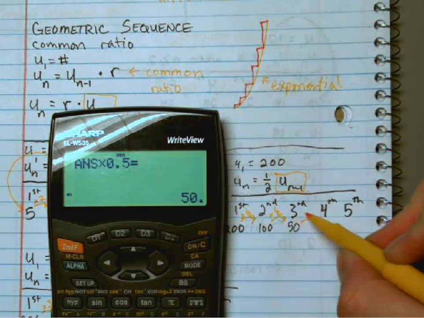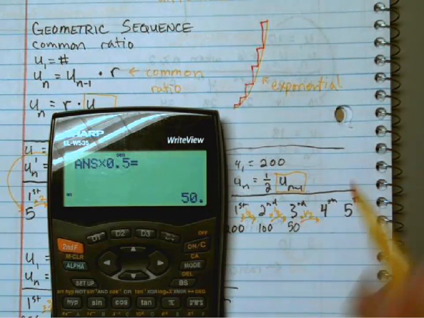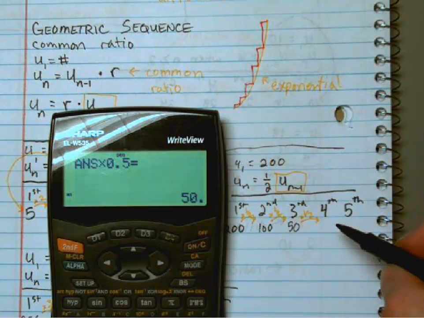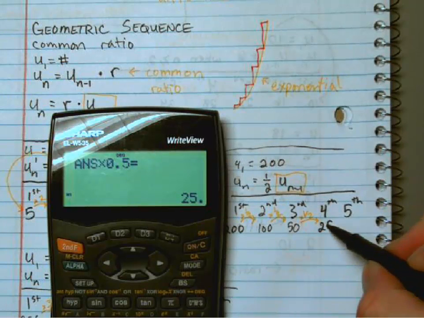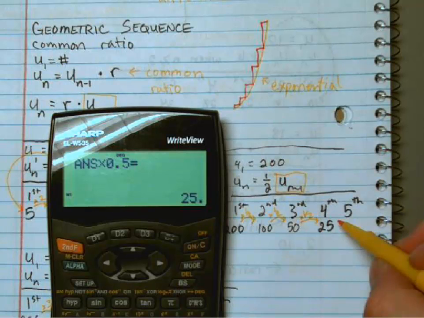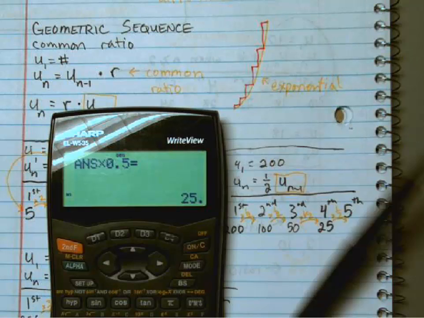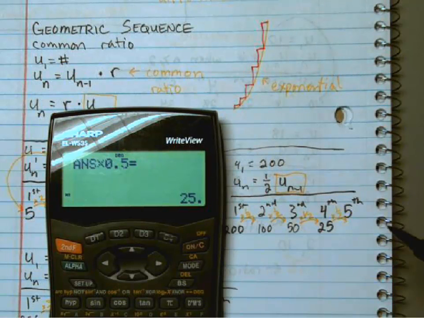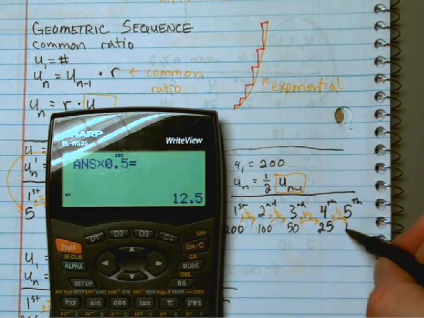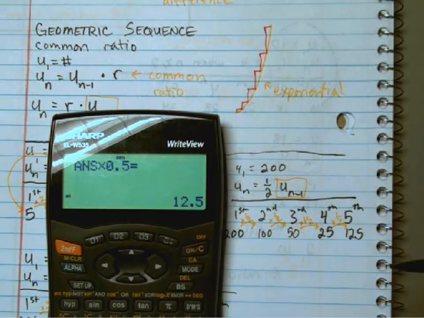Multiply by 1/2 again. 50 times 1/2 is 25. How do I get the fifth term? Multiply by 1/2 again. 25 times 0.5 is 12.5. Did you get this? Nice job.